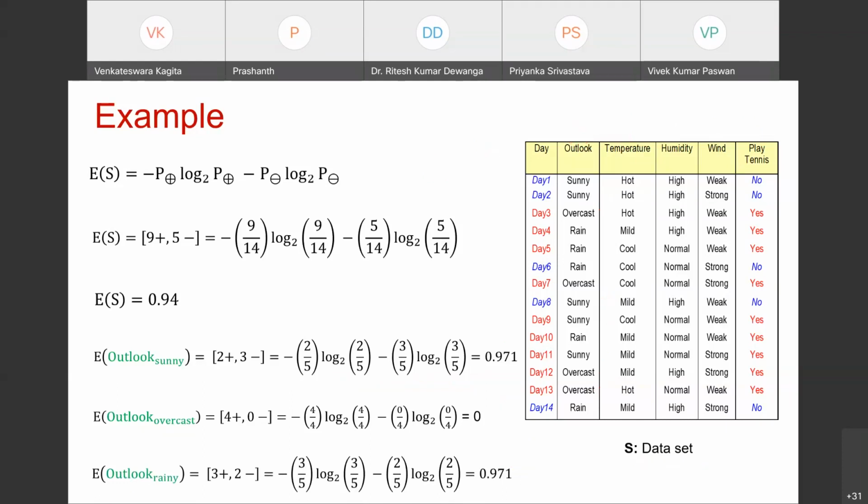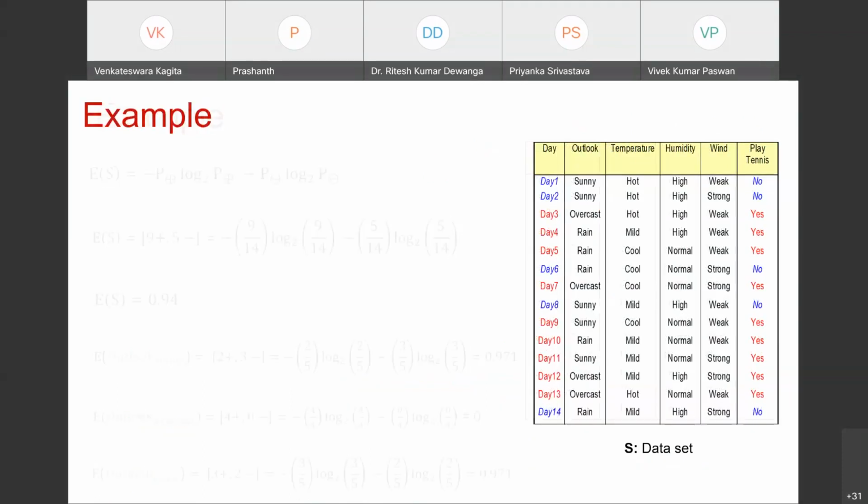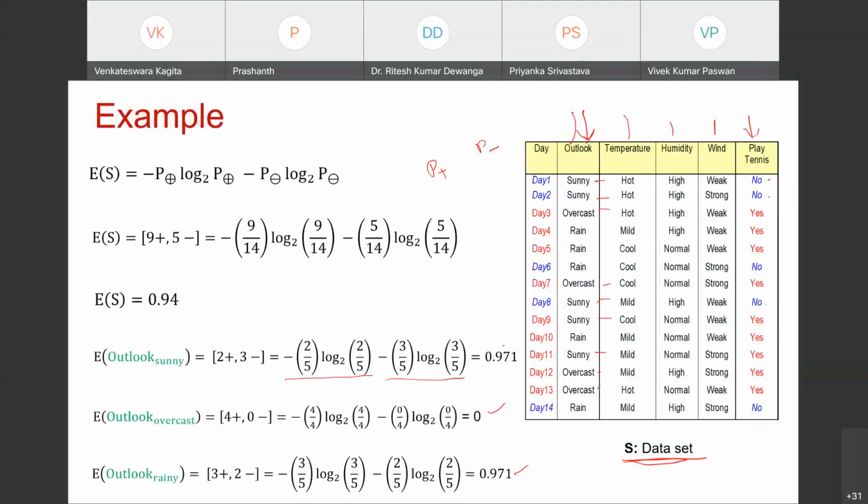Let's go to the temperature. We have not estimated the gain of this attribute. We just computed the impurity with respect to each possible value of outlook. Let's do the same practice for temperature also. Temperature has how many attribute values? Hot, mild, cool. 3 different possibilities.